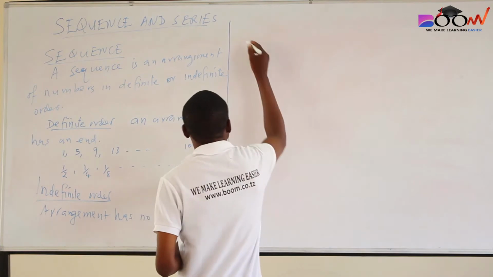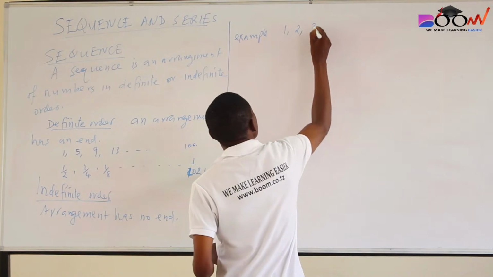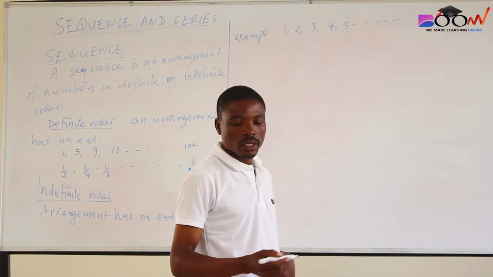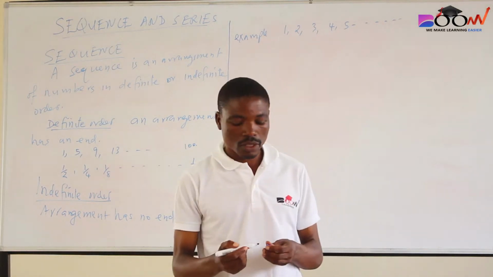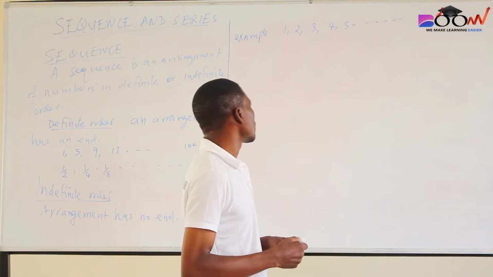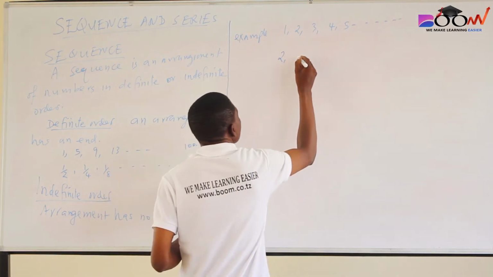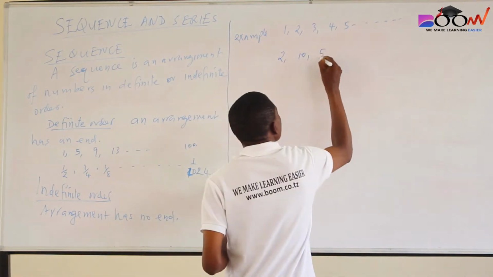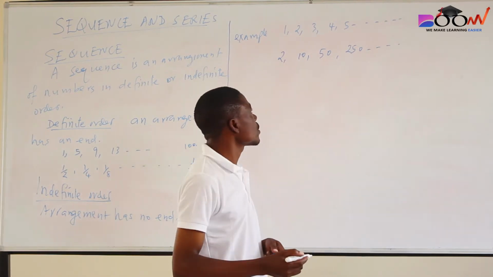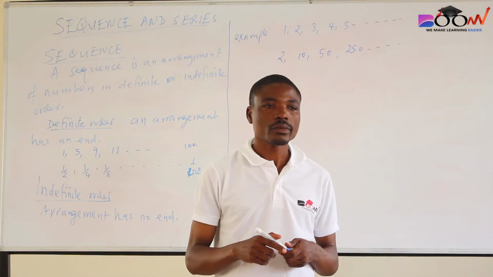For example, 1, 2, 3, 4, 5, and so on. This is an arrangement of numbers in which you cannot determine the last digit. Can it be 2, can it be 10, can it be 50, can it be 250, and so on. Again, this is an arrangement of numbers which doesn't have an end.